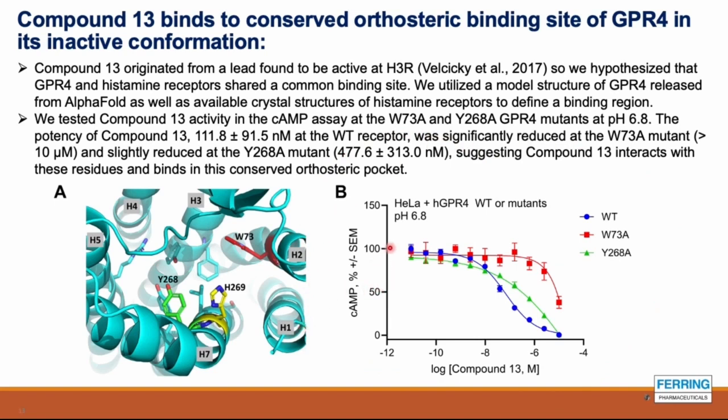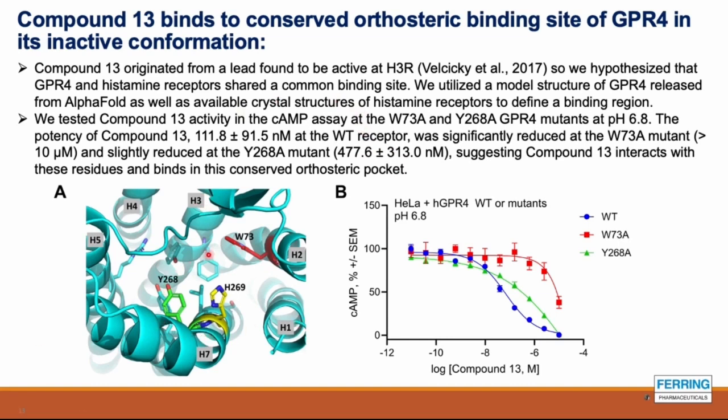And you can see that the potency of compound 13 is slightly right-shifted in one of them, but especially for tryptophan 73A, the potency of compound 13 is dramatically affected, suggesting that compound 13 indeed binds to this pocket, and that mutation in that pocket dramatically affects the ability of compound 13 to bind effectively.